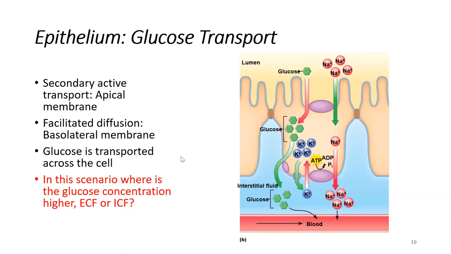Okay, excellent. So a lot of response for inside the cell, and that is absolutely correct. So if we're moving it actively into the cell, then it must have a higher concentration inside the cell. Awesome, thank you.